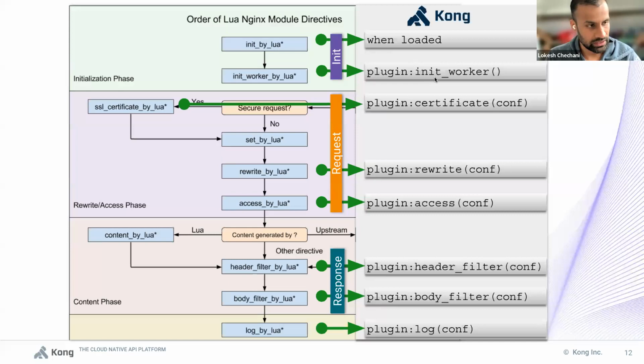Anything to do with initialization, which happens just once in a life cycle when the Kong data plane bootstraps, just executes init_worker. Anything with respect to your client request, where you want to read a header or change a header before the request goes to the upstream, these are the phases you'll be dealing with.